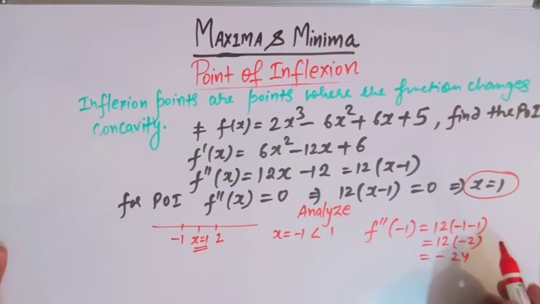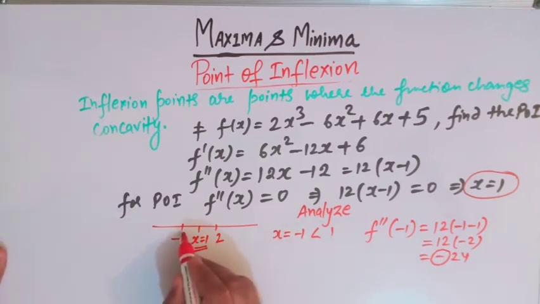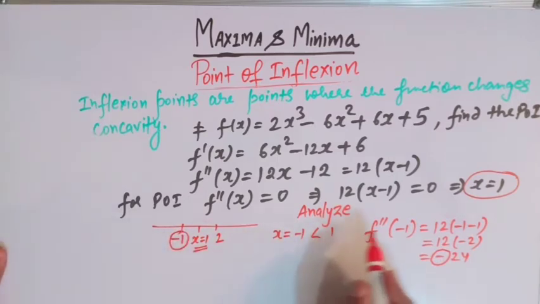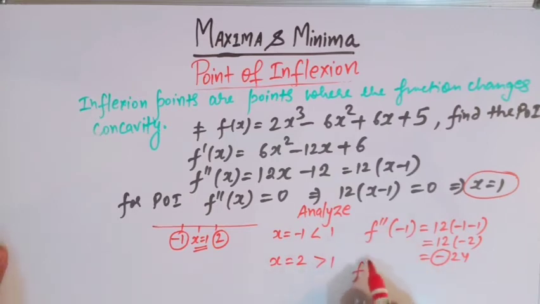Here we are not interested in the numerical value, we are interested in only the sign. Now let us find the sign of the second derivative at x equal to 2, which is greater than 1, and here f double prime of 2 is 12 times 2 minus 1, and we see that it is 12 into 1, that is 12, and here we have plus sign.